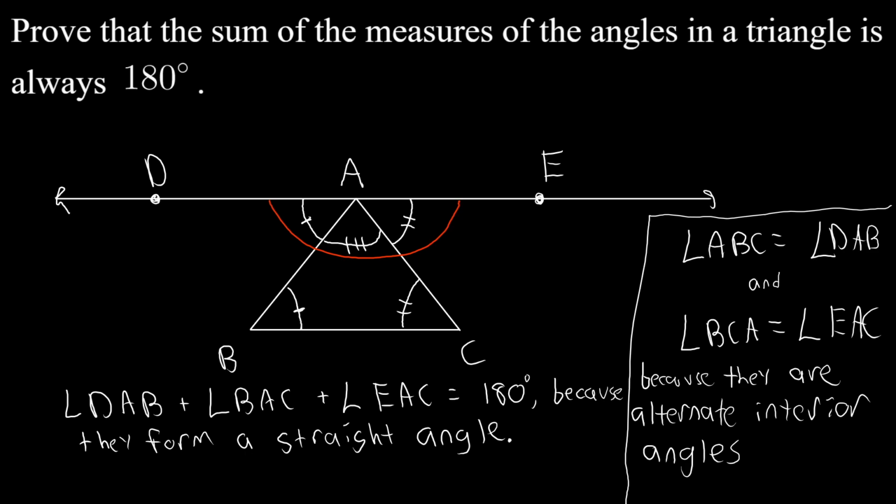So where can we go from here? Let's use everything we've established. We just showed that these three angles add up to 180 degrees because they form a straight angle. But what we earlier showed was that angle ABC is equal to DAB, and angle BCA is equal to angle EAC, which both appear in this equation we just wrote. So if we use substitution, we'll get a new equation that involves the three angles of our triangle.